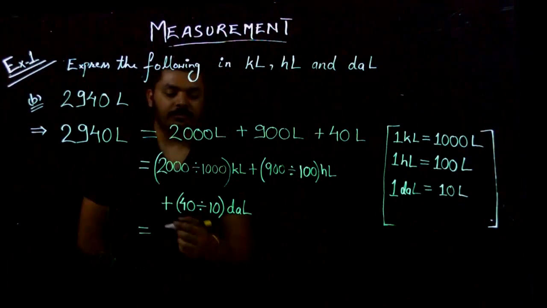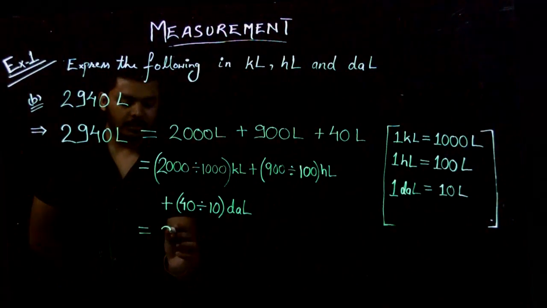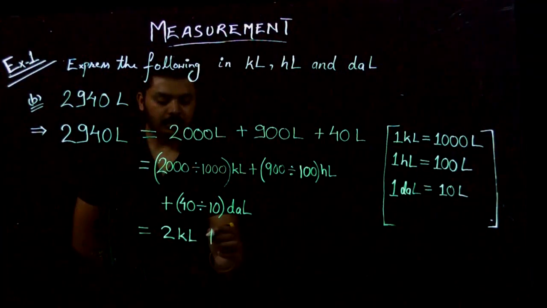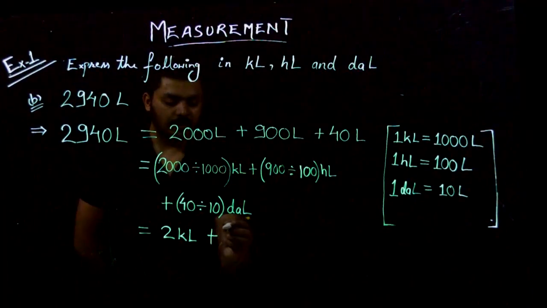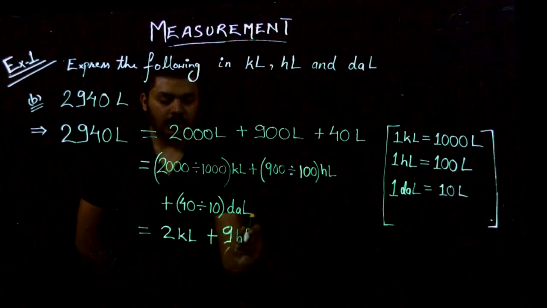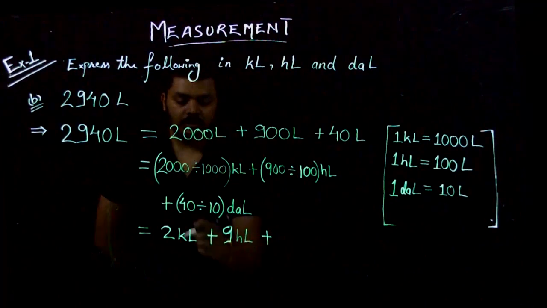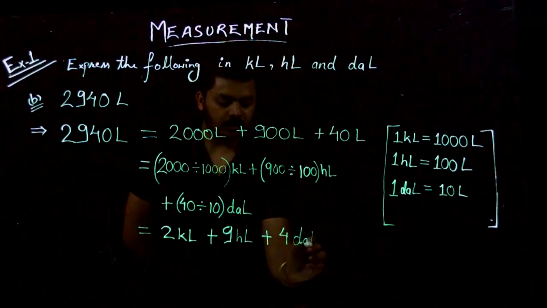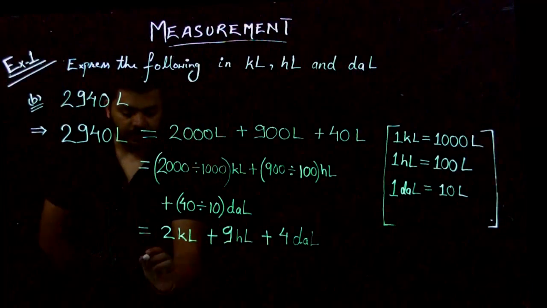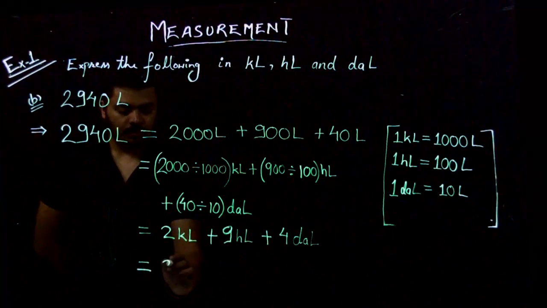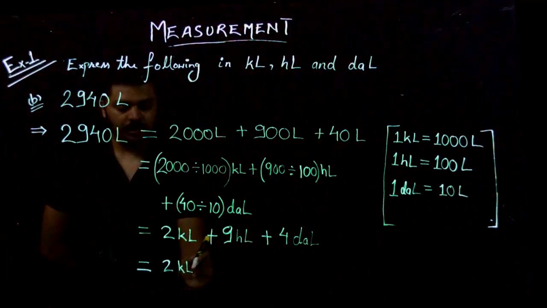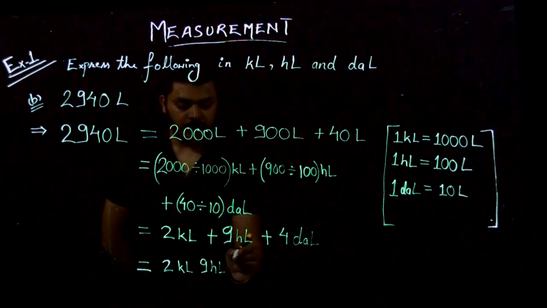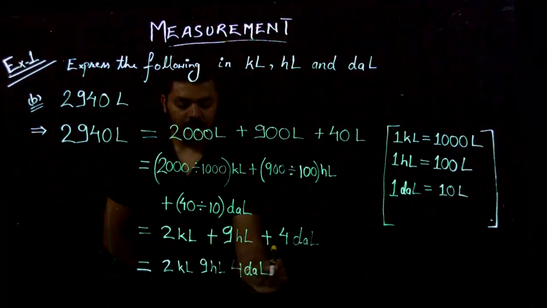So 2000 divided by 1000, we get 2 kiloliters plus 900 divided by 100 is 9 hectoliters plus 40 divided by 10 is 4 decaliters. So we can also write it as 2 kiloliters, 9 hectoliters and 4 decaliters.